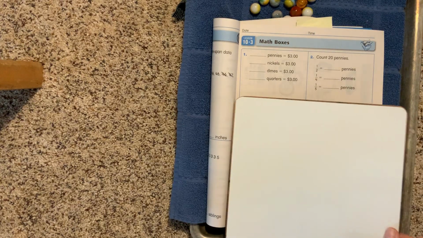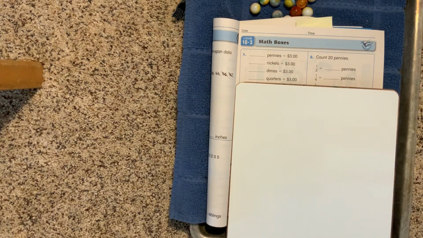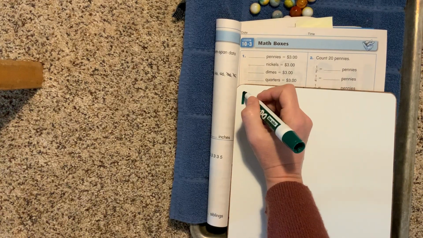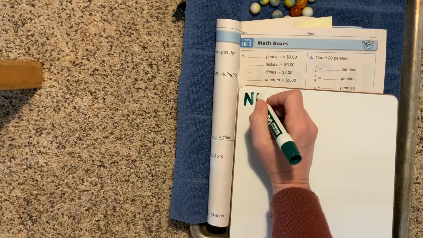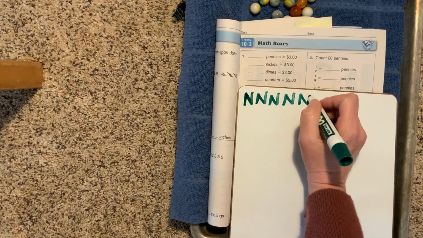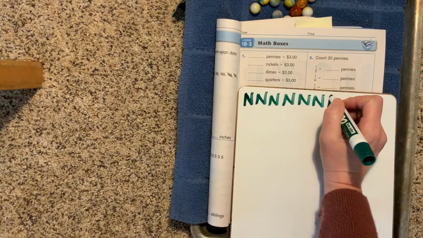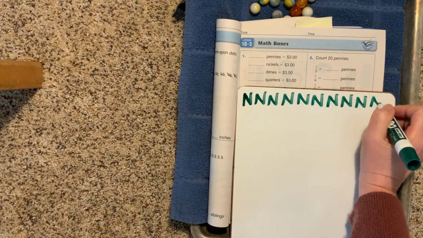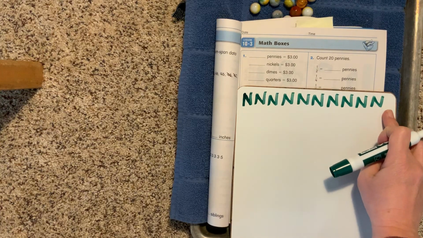Now the next part of that problem asks, how many nickels are in $3? First of all, how many nickels would it take to make $1? Let's count that out. 5, 10, 15, 20, 25, 30, 35, 40, 45, 50. Now that's 50 cents.